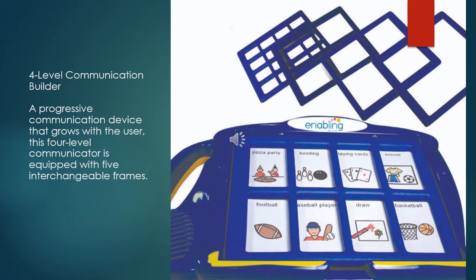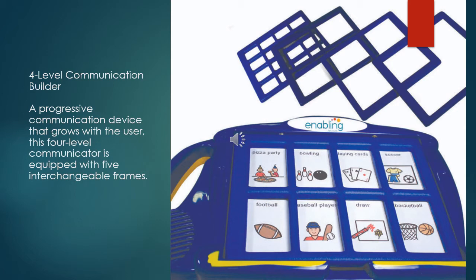This is a 4-level communication builder. Use these to advance students on the communication device. So for example, you might have a student who is just learning to use the communication device and they need just one picture. So you would give them the one picture and then give them a result. For example, you're having snack.